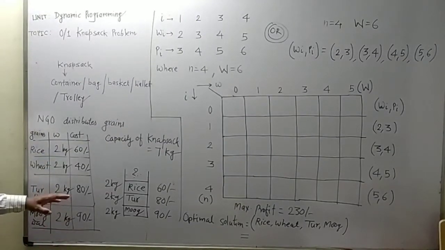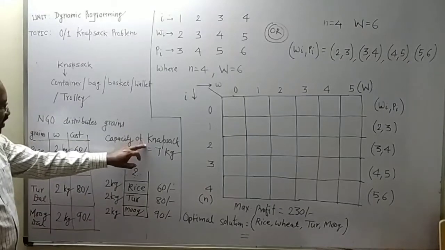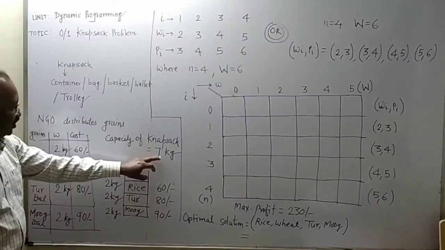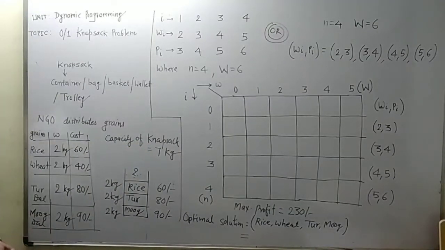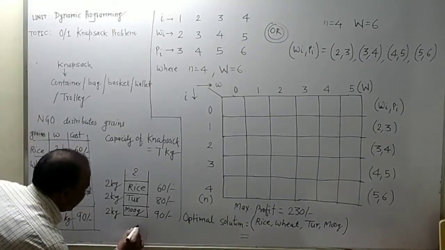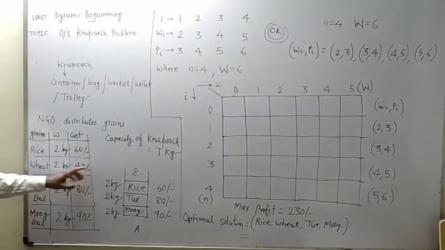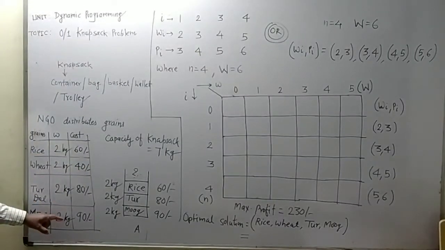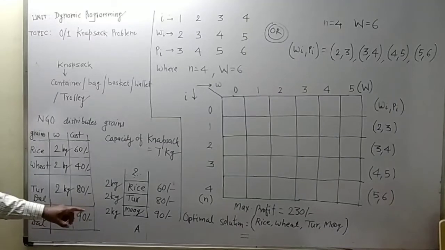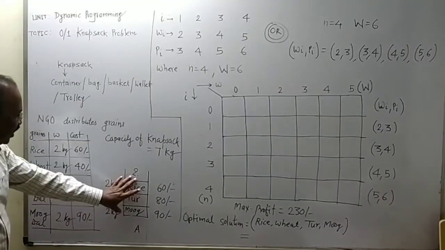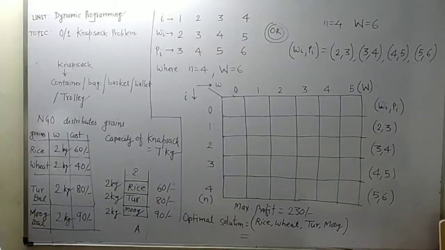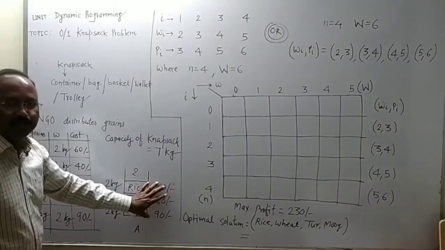Now, the knapsack container has a capacity of 7 kg, and the needy person, say A, has to collect these items so that the capacity of the knapsack does not overflow. The person has to select in such a way that he will get the maximum profit.